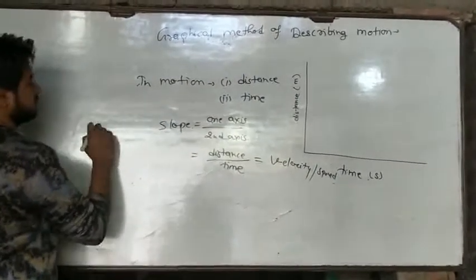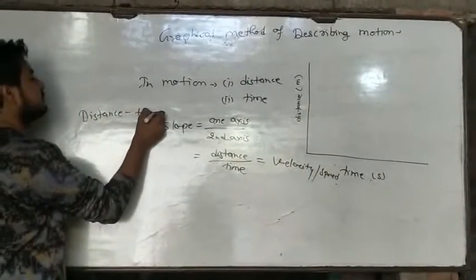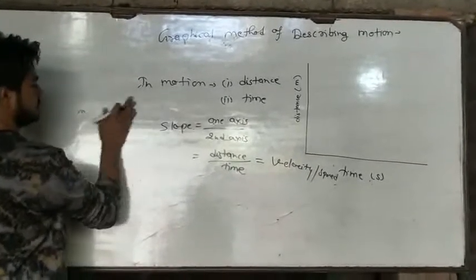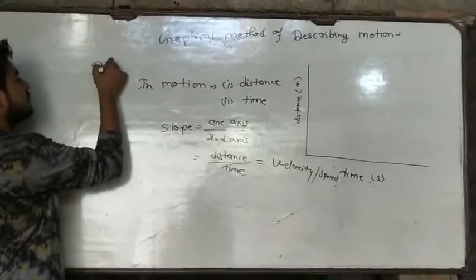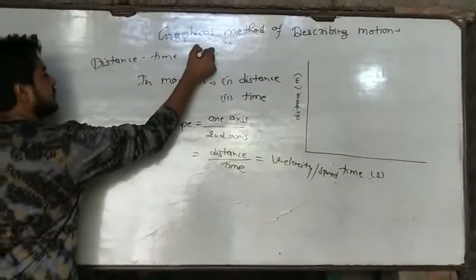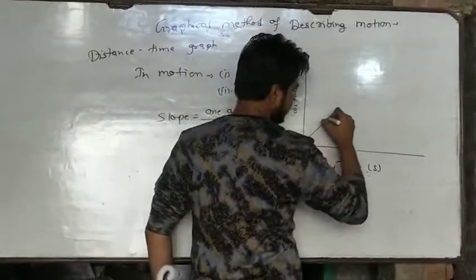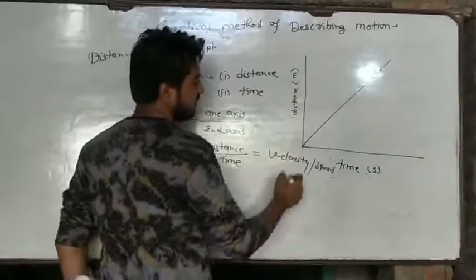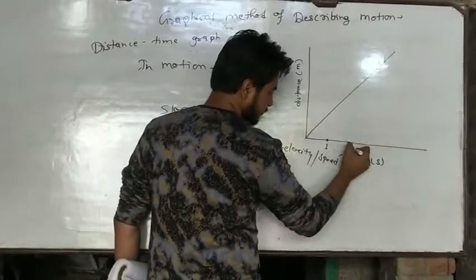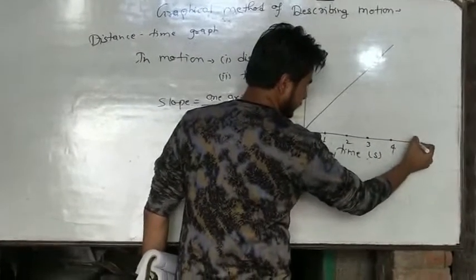For the distance-time graph, this line represents the slope. Suppose we take 1, 2, 3, 4, 5.